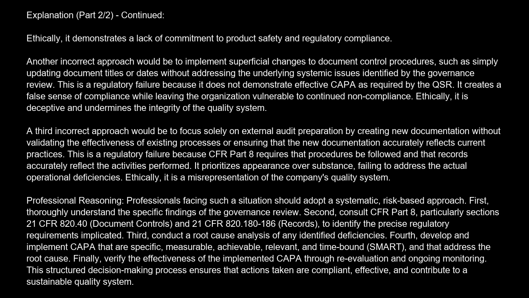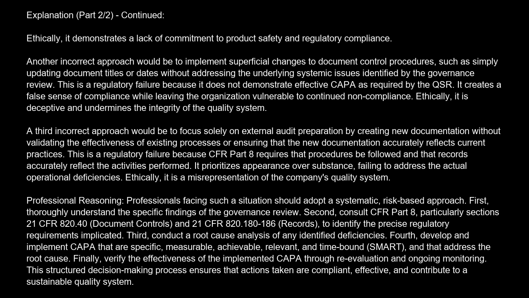Professional reasoning. Professionals facing such a situation should adopt a systematic, risk-based approach. First, thoroughly understand the specific findings of the governance review. Second, consult CFR Part 8, particularly 21 CFR 820.40 Document Controls, and 21 CFR 820.180-186 records, to identify the precise regulatory requirements implicated.